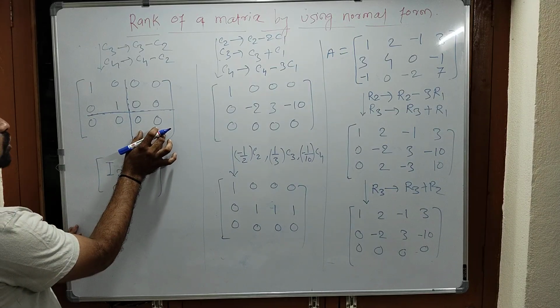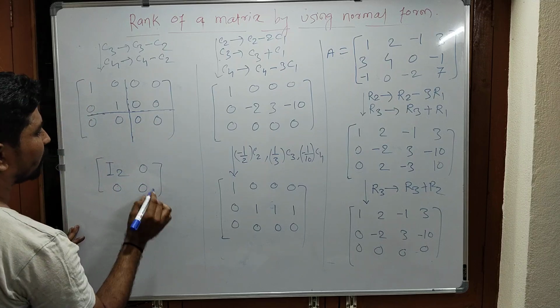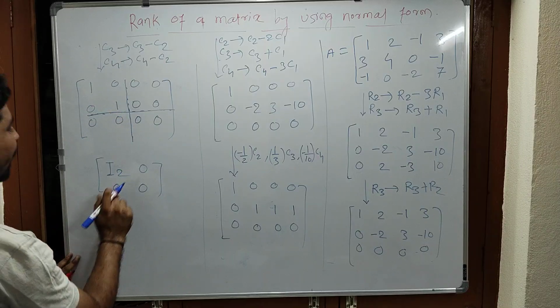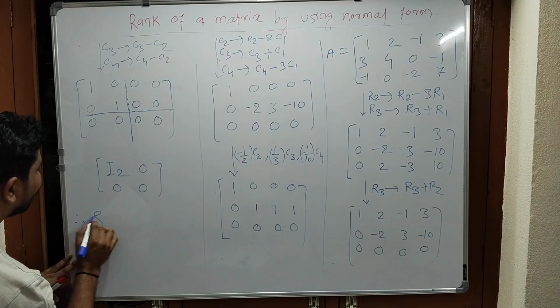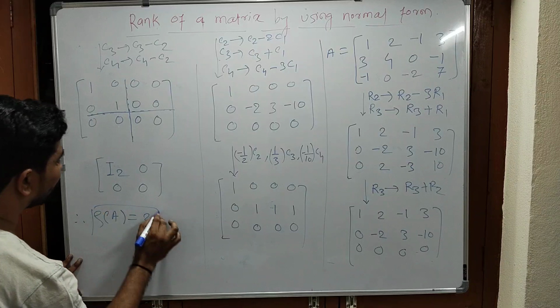This matrix is equivalent to the normal form I_2, and this is the rank. Therefore the rank of the original matrix A is equal to 2.